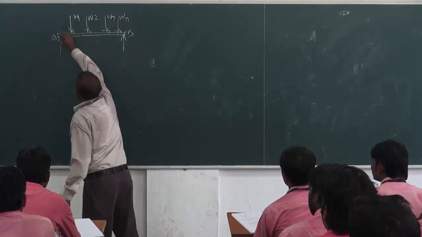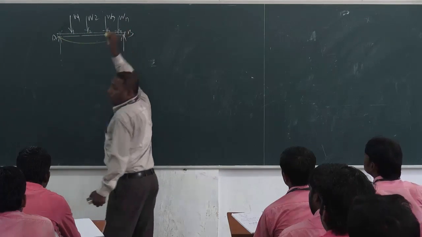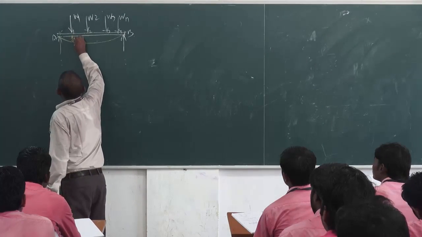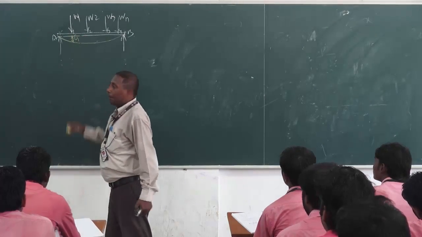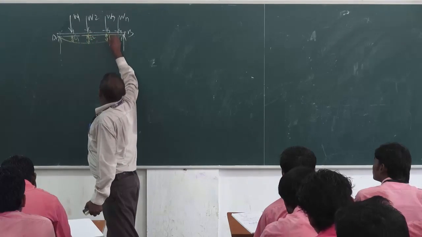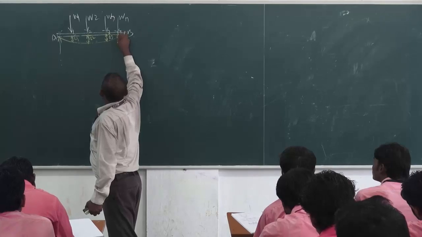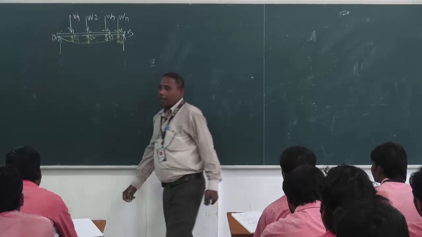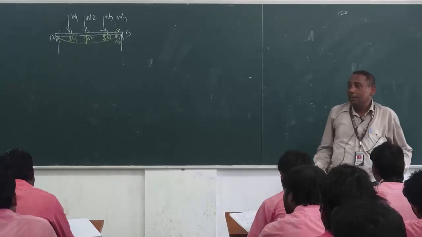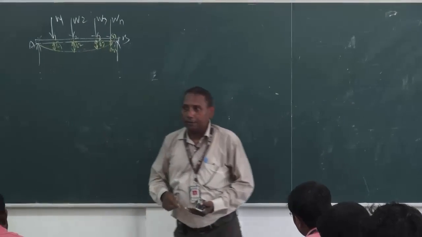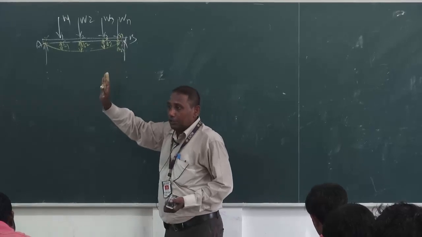This is the deflection curve after the load is applied. Under point 1, the deflection is delta 1, correspondingly delta 2, delta 3, and delta n. Here n signifies that any number of loads can be applied, not only limited to 4 loads.